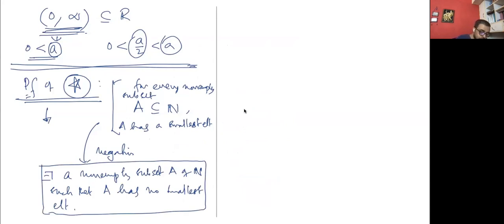Now you form this set A_L. L is for lower bound.